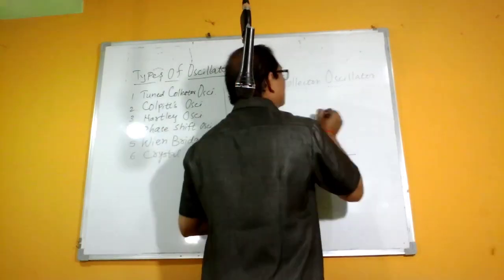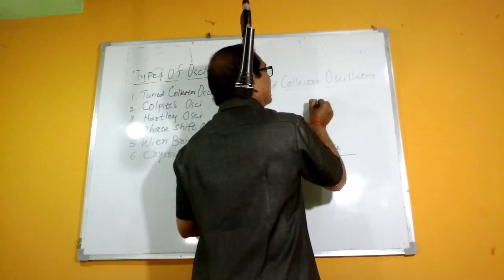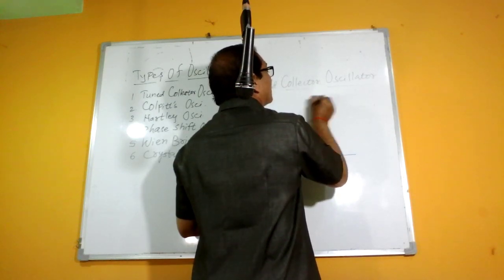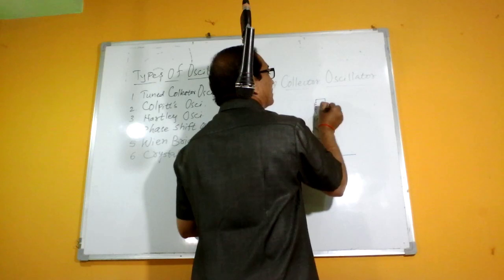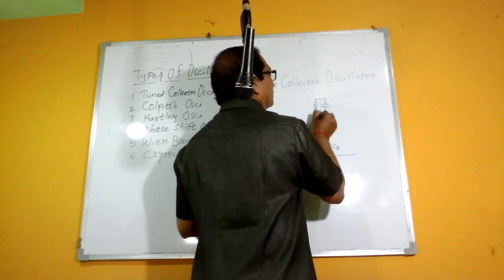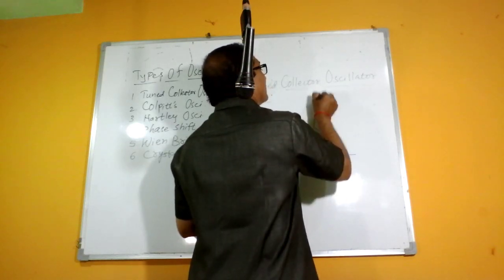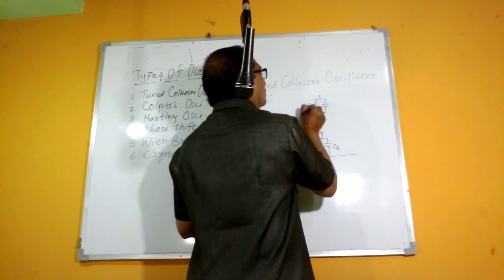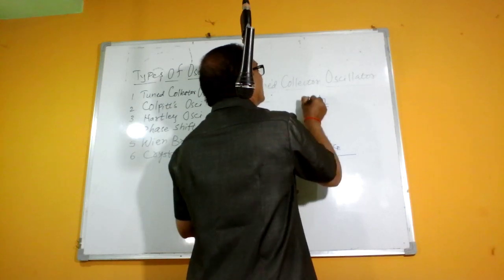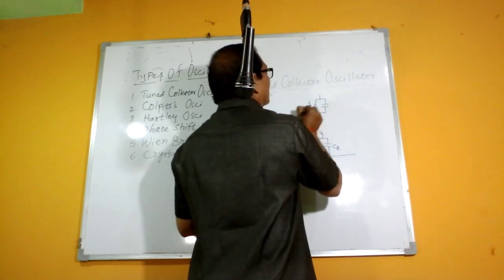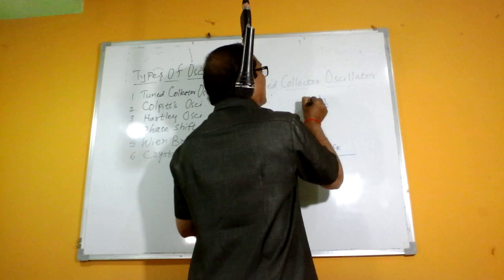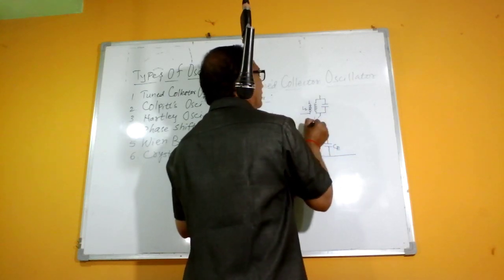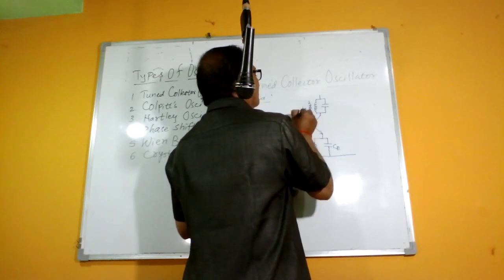Then we have the tank circuit, an inductor L connected in parallel with the capacitor C, which forms the tank circuit. Another coil L2 is coupled with this one and connected to the base of the transistor.